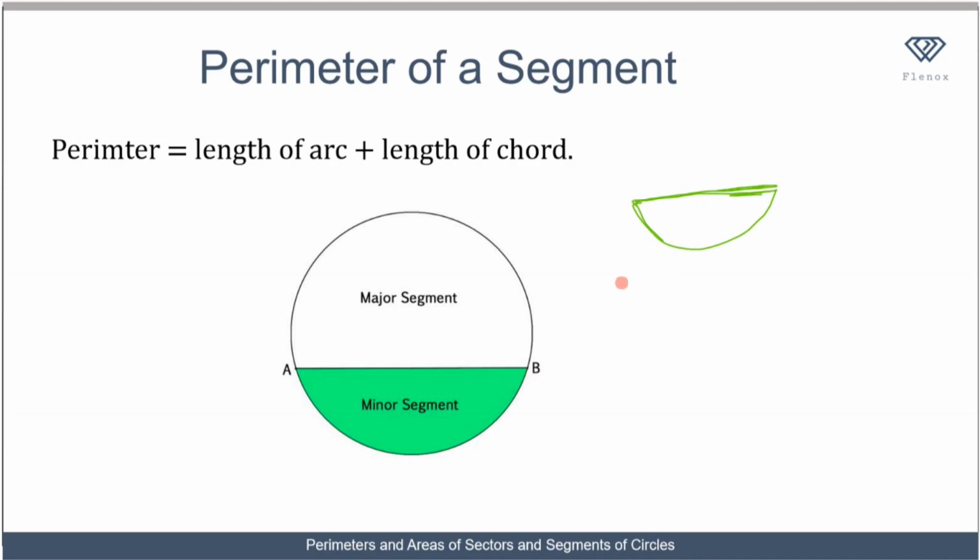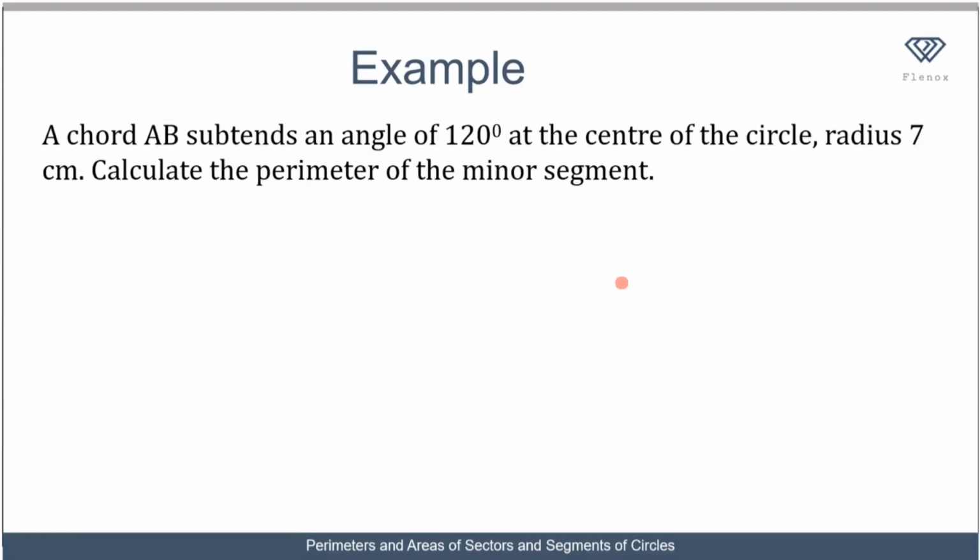So let's use the next example to illustrate what I'm talking about. Here we are told that a chord AB subtends an angle of 120 degrees at the center of the circle, radius 7 cm. Calculate the perimeter of the minor segment. As usual, the first thing we want to do is sketch the problem out.